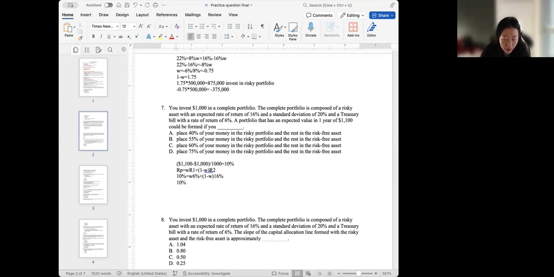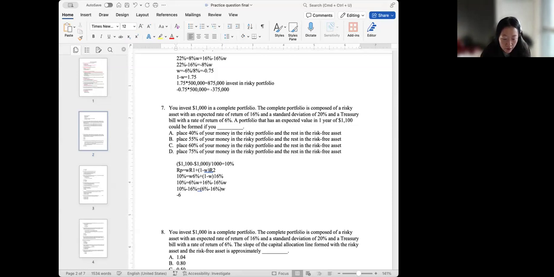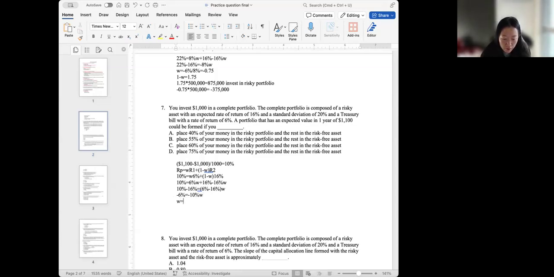So go down to opening up the bracket. So 6% plus 16% minus 16% W. And here I have 10% minus 16% equals 6% minus 16% W. So I got negative 6 here equals negative 10 W. So W equals 6 divided by 10, which is 60%.